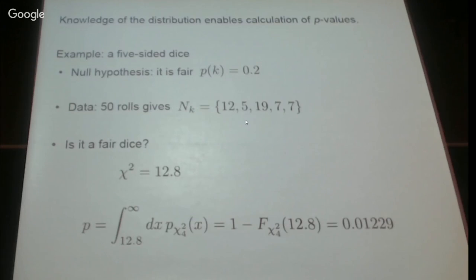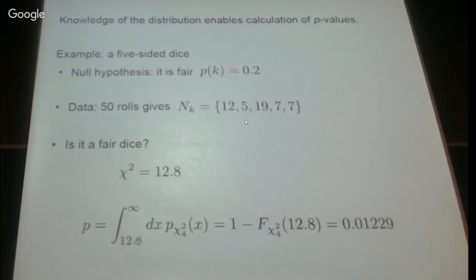Well, if you go calculate the chi-square from the previous slide, you get 12.8. Now, even though there are 5 possible outcomes, this thing is distributed according to the chi-square with 4 degrees of freedom. As we talked about last time, the overall normalization is fixed because of the fixed number of total experiments.